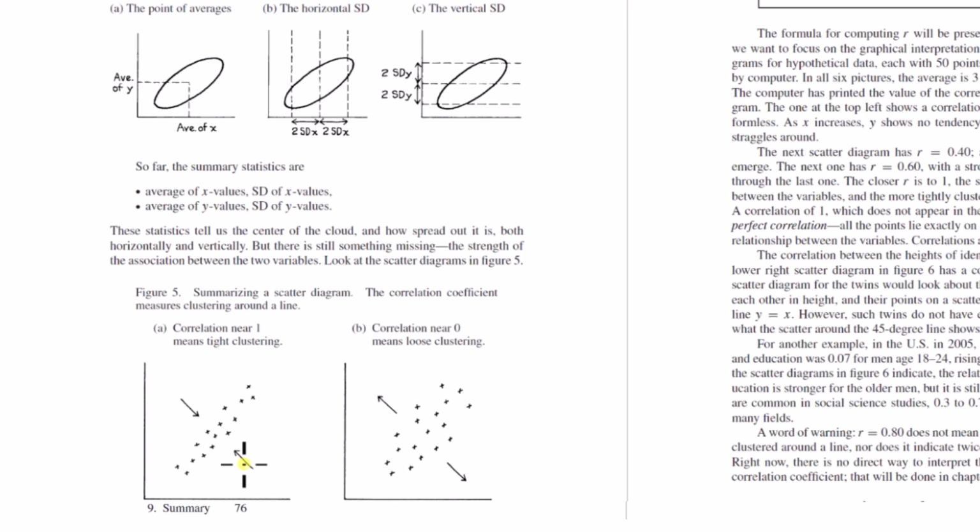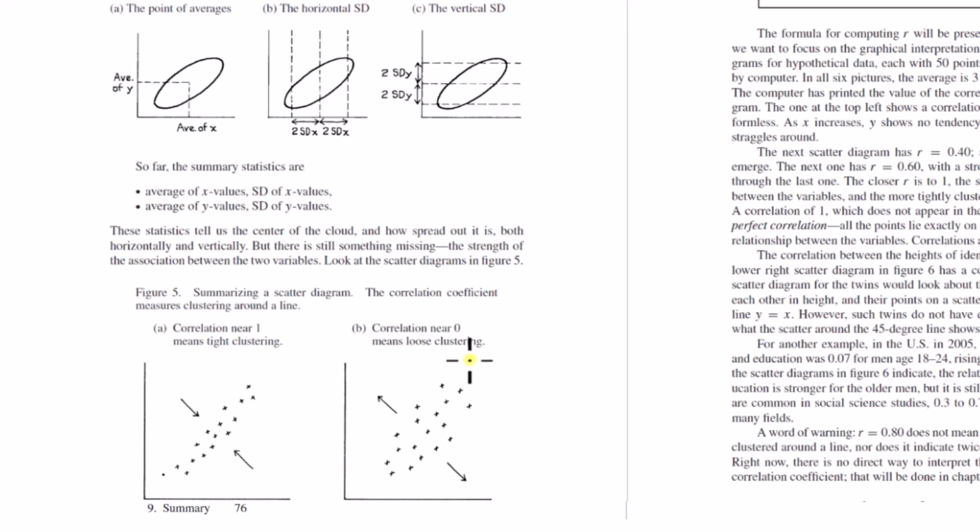Now, again, if you're like me, you might be thinking, well, okay, we could have two sets of data points like this that have the same point of averages and the same horizontal and vertical spread, but one looks like this, and the other is the exact same idea, except instead of following a line, they follow an exponential.